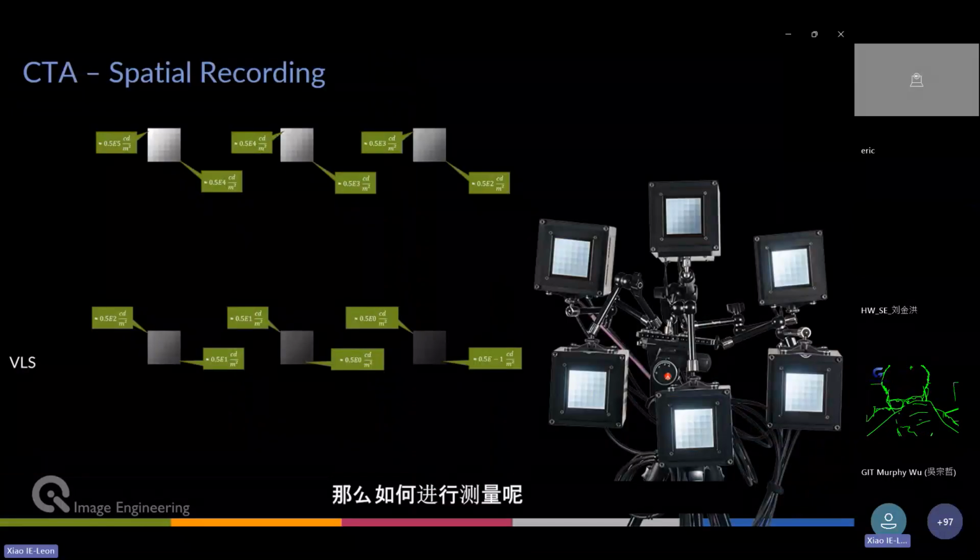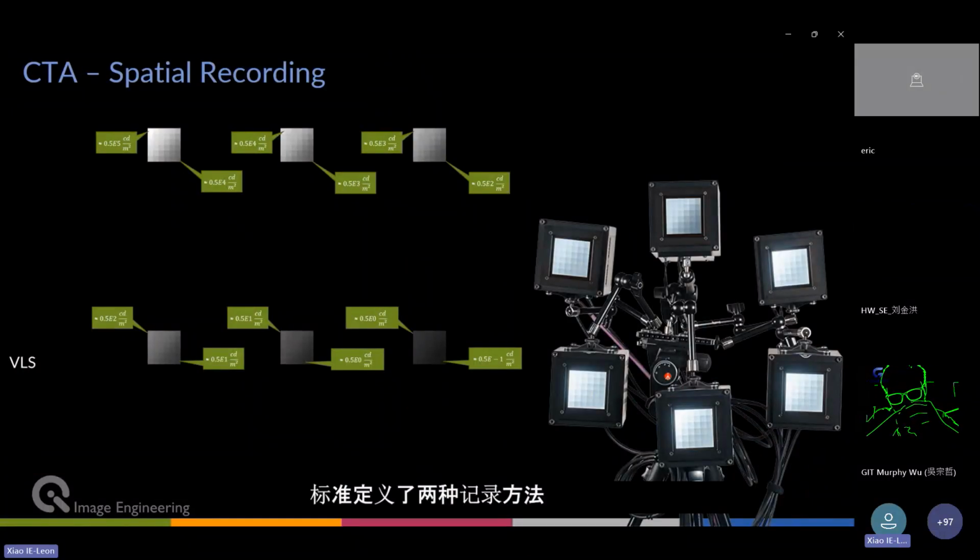So how do we measure that? The standard defines 2 different recording methods. One is called spatial recording. For that we use the VLS, the versatile light system. With that system, you can create 6 light sources that have a certain target.